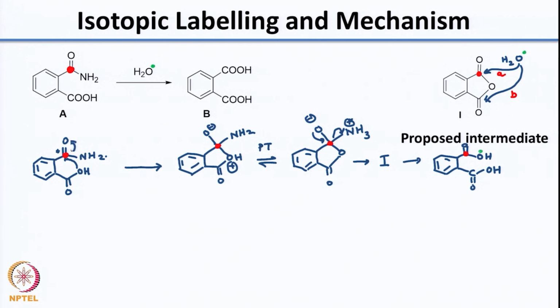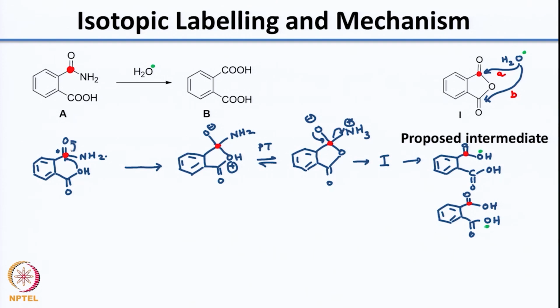So, if you have pathway A, you will get this product, whereas if you follow pathway B, the product you get would be where you have this as the labeled carbon and this as the labeled oxygen.